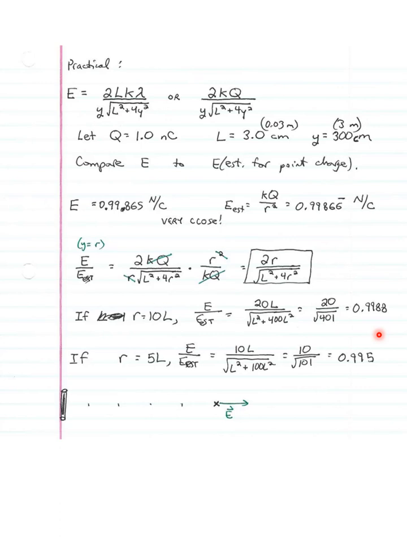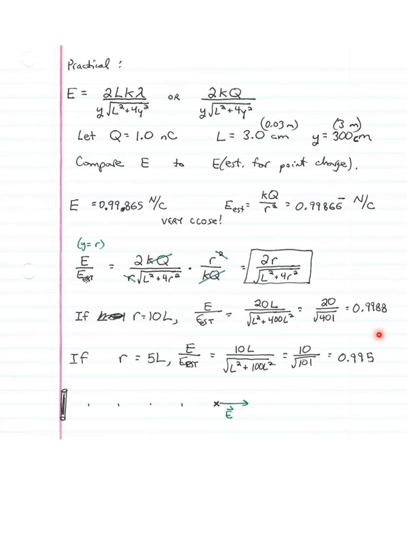Imagine it's a 3 centimeter long line. If we are just 30 centimeters away, about a foot away from that line that's a bit more than an inch long, then the ratio between the real electric field and the point charge estimate is 99.88%. That's very close, which means we don't even have to be really far away to use the point charge estimate.